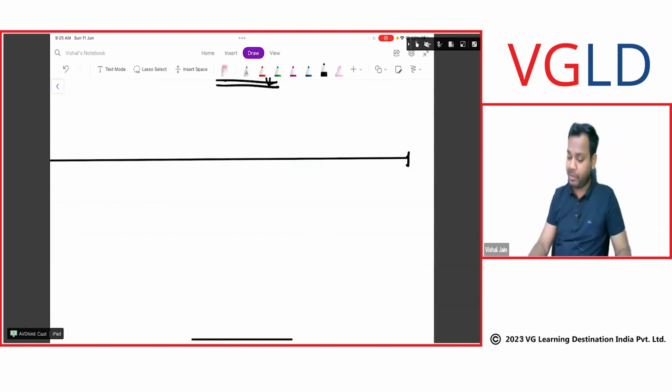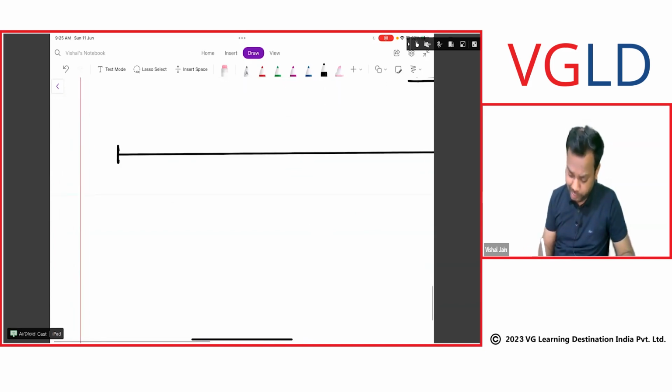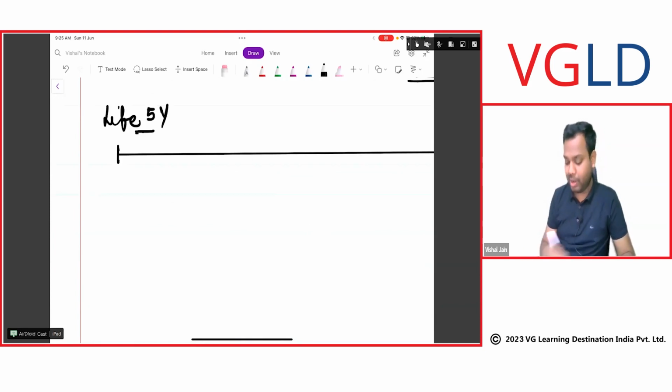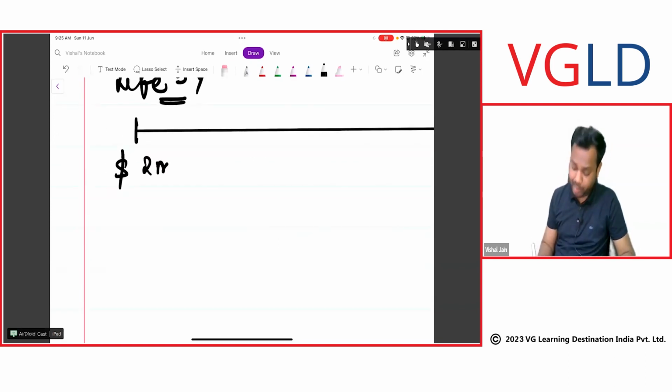Now understand. This is an oil rig. The life of this oil rig is 5 years. Now the entity has spent dollar 200,000 on the purchase of the oil rig.